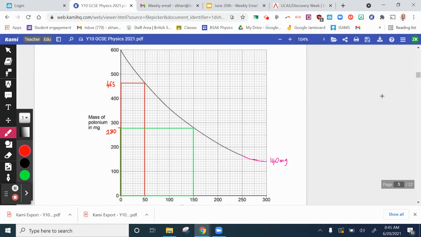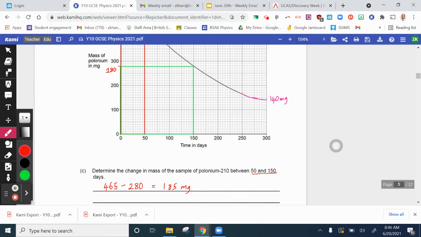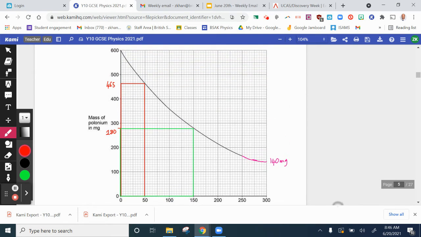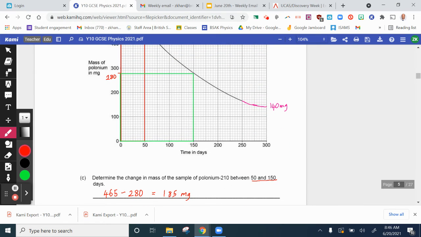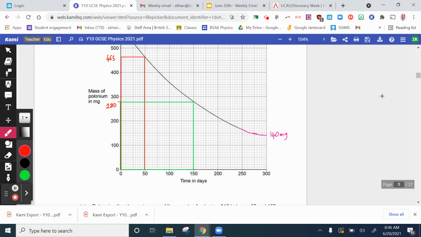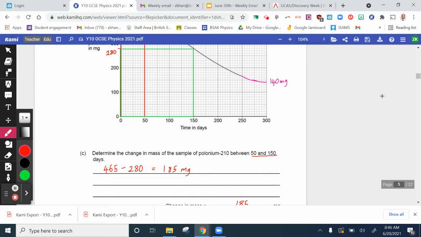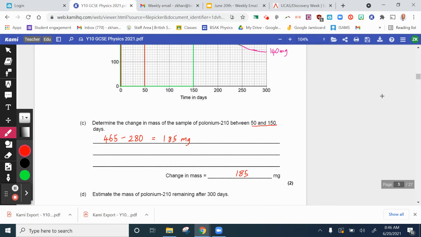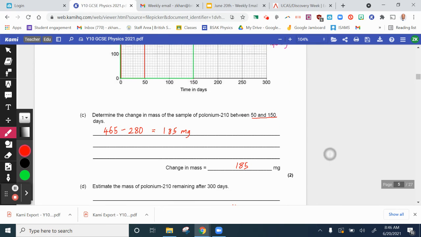After 150 days, we have 280 milligrams of radioactive material. So how much has decreased? So that's the change. So it's 465 minus 280, which is 185 milligram change in mass of radioactive material.